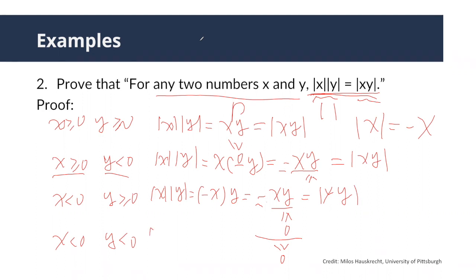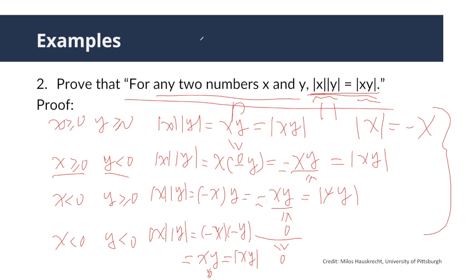For the last case, since both of them are negative, it's equal to minus x times minus y. And these two minus signs will cancel each other. You just have x times y. Since x and y are both negative, x times y must be positive. Then it must equal the absolute value of x times y. Now you can see for all 4 cases, we proved that this equality holds. Therefore, we proved that the original theorem must be true.